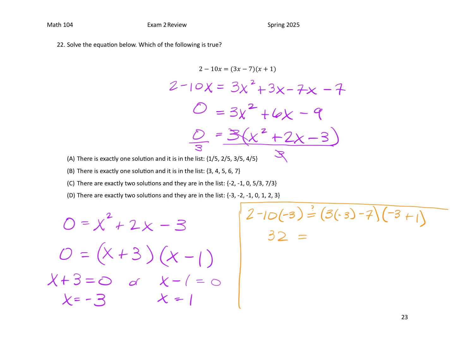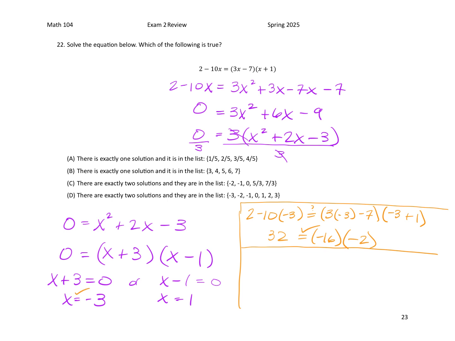And on the right, 3 times negative 3 is negative 9. Negative 9 minus 7 is negative 16. And then my next factor, negative 3 plus 1 is negative 2. And yes, that is true. 32 does equal negative 16 times negative 2. Okay, let's check my other solution.